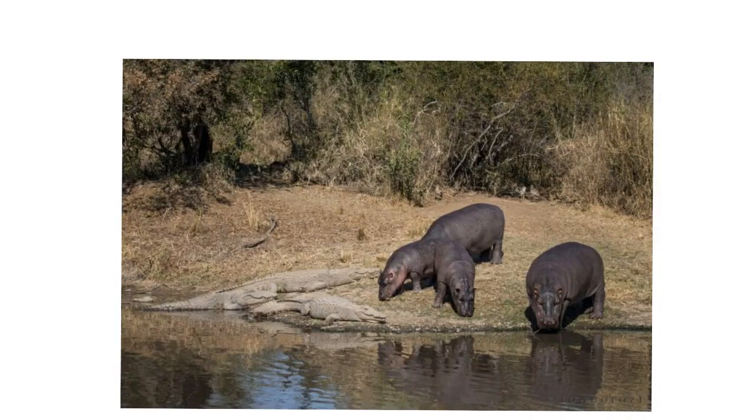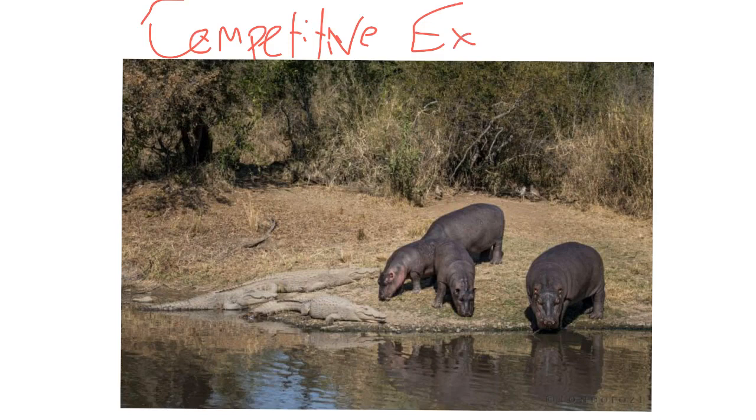So as we look at the roles that different organisms play in their ecosystems, there's one principle that we need to talk about, and it's called competitive exclusion. It's going to help to identify some of these roles that different organisms play in an ecosystem. Competitive exclusion states that two organisms can't occupy the same niche for very long.